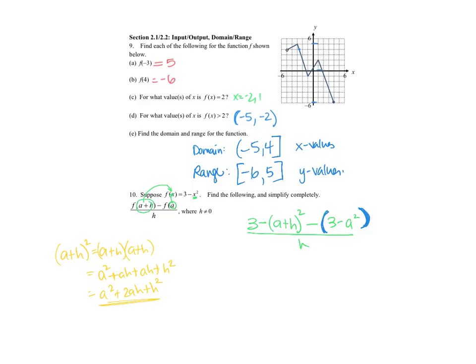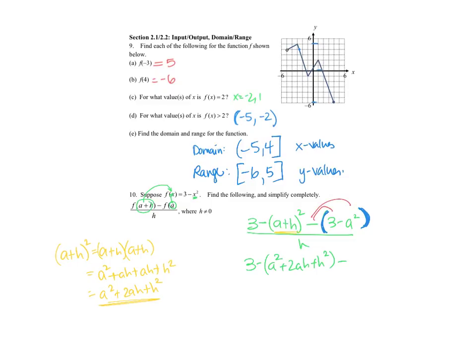So this is going to go in place of that. So we'll go ahead and simplify that. So I'll have 3 minus a squared plus 2ah plus h squared minus, and I'm just going to go ahead and distribute that negative sign into both of these.